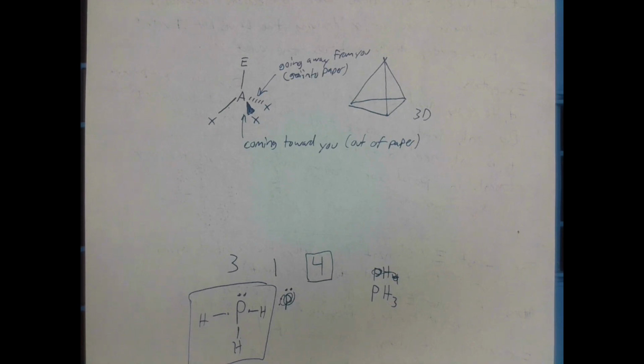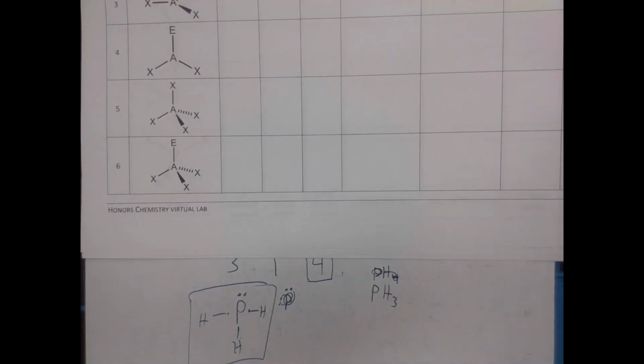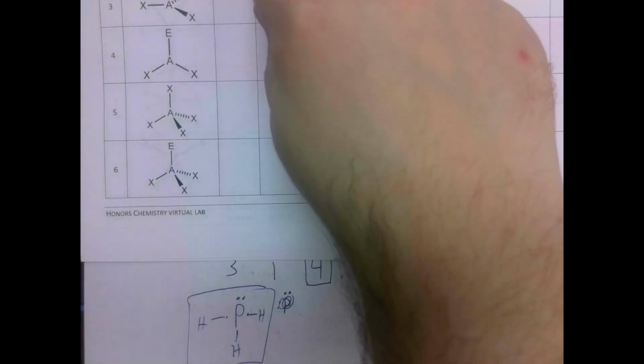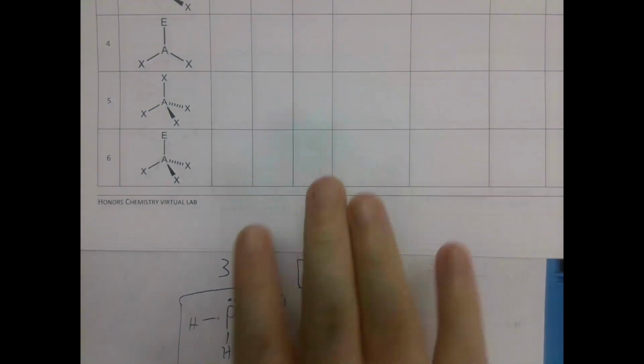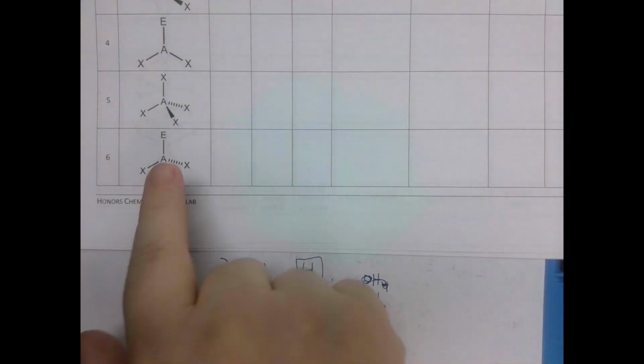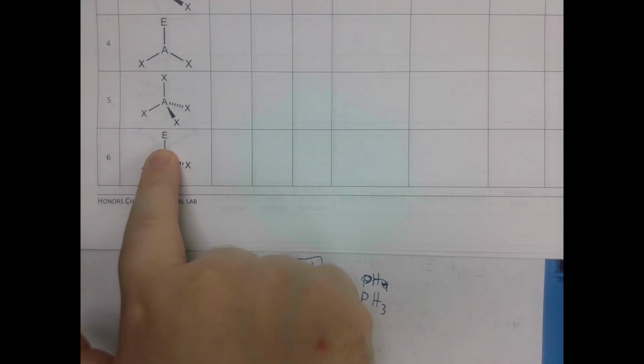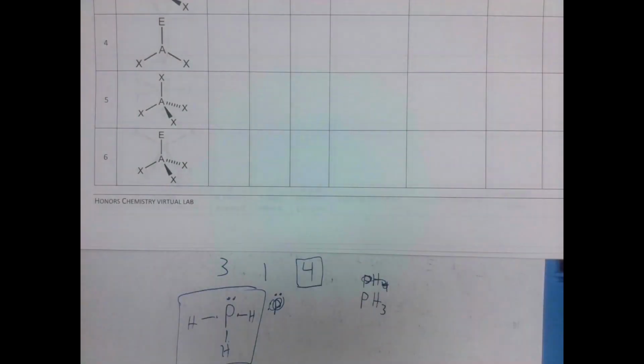What about the domain? So it says it under it. So for number 6, we did it together. So the bonded pairs, that's how many atoms you have bonded, basically. There's 3. For the lone pairs, the E represents a lone pair. Read the description.